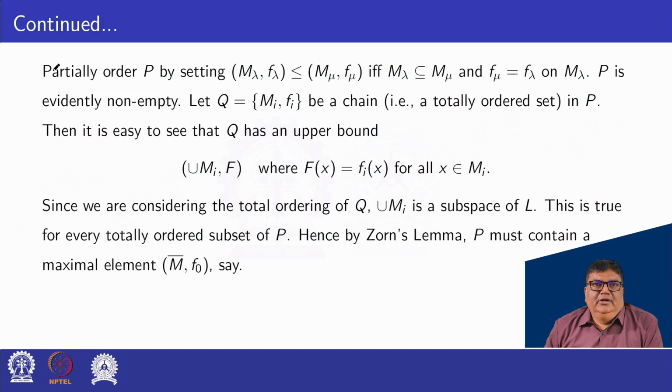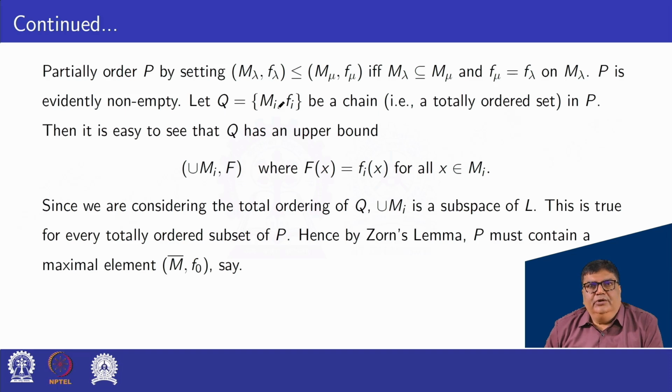Partially order P by setting the ordered pair (M lambda, f lambda) less or equal to the ordered pair (M mu, f mu) if and only if M lambda is a subset of M mu and f mu is equal to f lambda on M lambda. Okay. P is evidently non-empty.